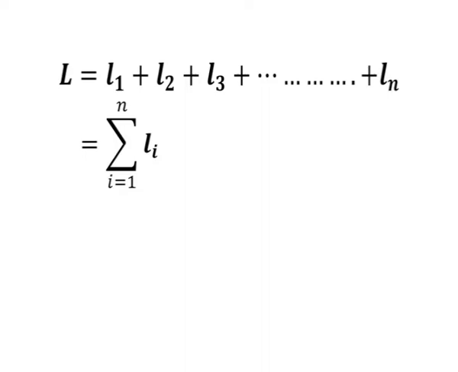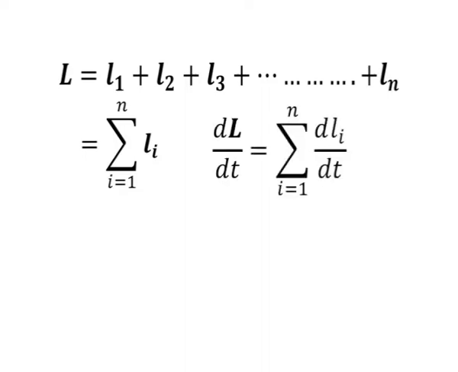With time, the angular momentum of individual particles may change because of interactions between the particles or with the outside. We can find the resulting change in the vector L by taking the time derivative of this equation. Thus, dL/dt = sum of dLi/dt from i = 1 to n.